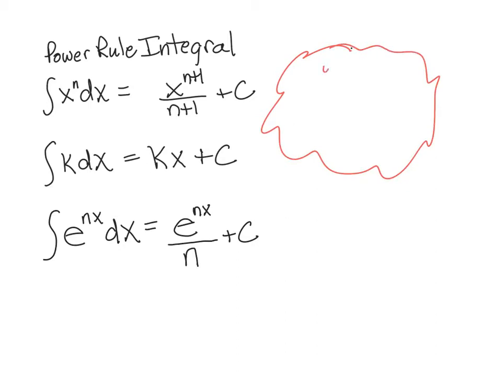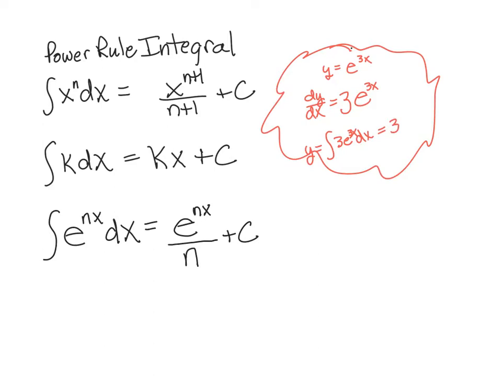If I have y equals e to the 3x, then the derivative of y is copy e to the 3x, but then I have to multiply by the derivative of the power. So if I integrate 3e to the 3x, which is my derivative here, then I'm going to keep the 3.